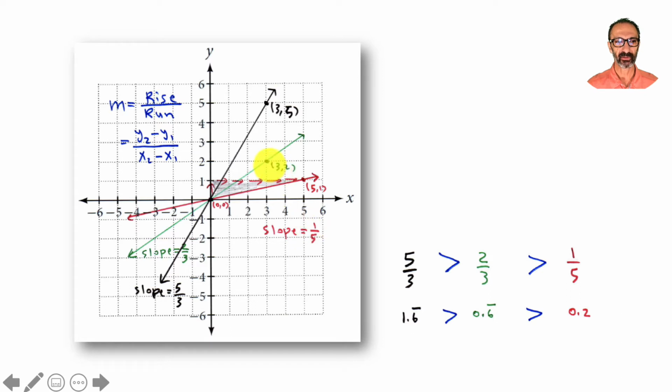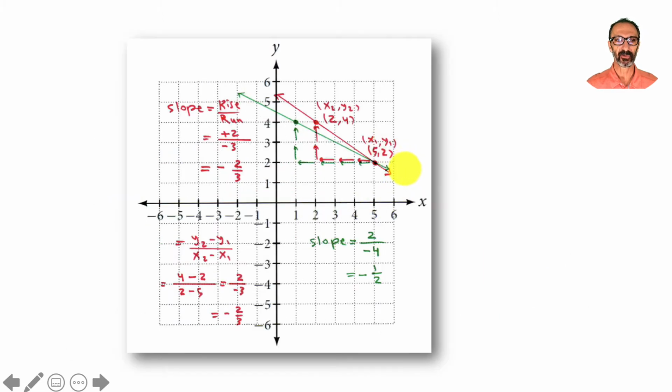For the green one, I'm starting from 0, so I'm going up 2, rise is 2, and running is 3, so it's 2 over 3. For the black one, I'm going to go up 5 over 3, so it's 5 over 3. This has a higher slope, the black one, compared to the green one, compared to the red one. And they're all positive, by the way.